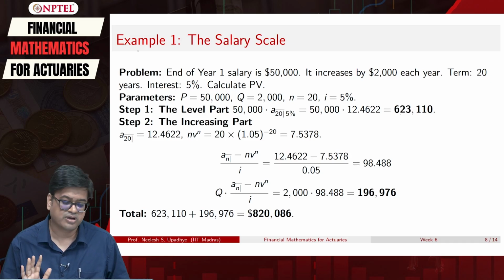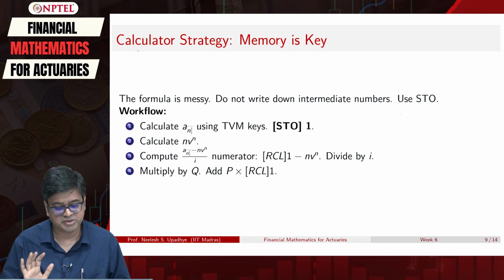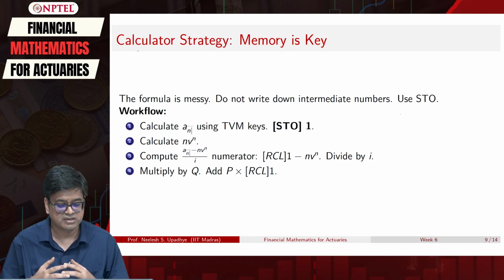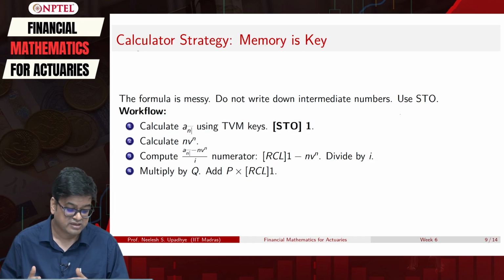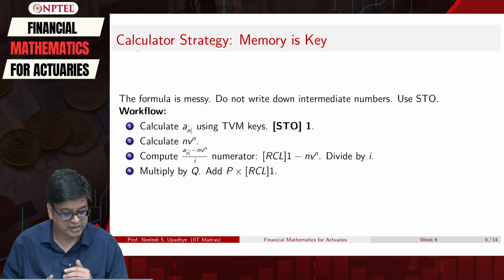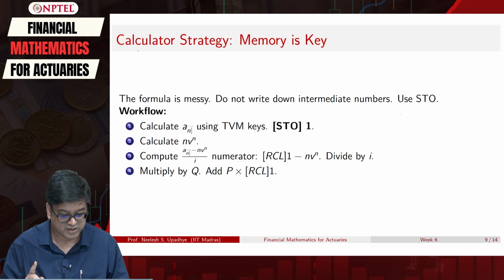So in order to avoid decimal errors, you have to remember how to use the memory function. For that I am giving the workflow where you will calculate A N, you will store it into your memory, then you calculate N V raised to N. For computing A N minus N V raised to N upon I, you use the recall function.